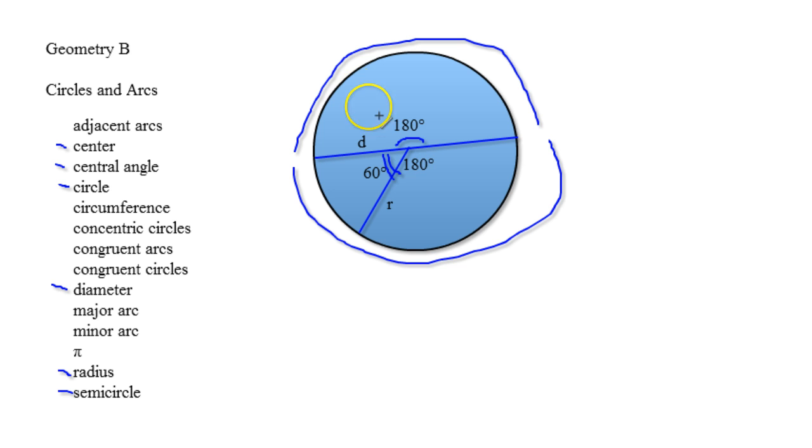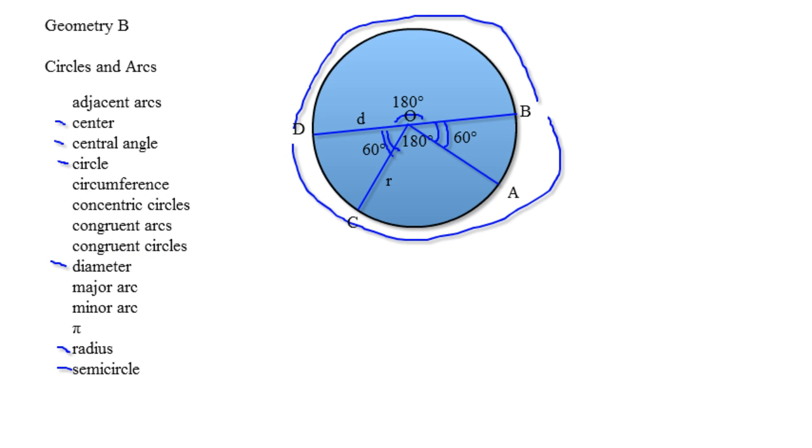Now if I draw over here another angle that is also 60 degrees, then those are congruent angles, congruent central angles. Now if you notice, they're definitely not going to be definition over there, but I'm going to get there in a sec. So first off, let's take care of the majority of the definitions.